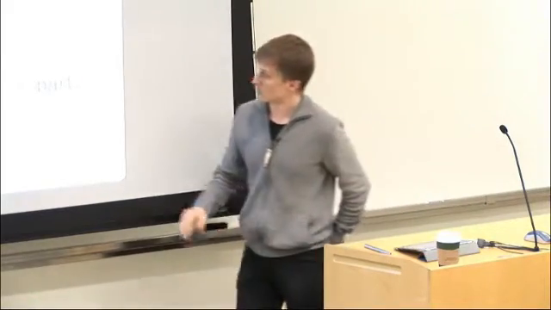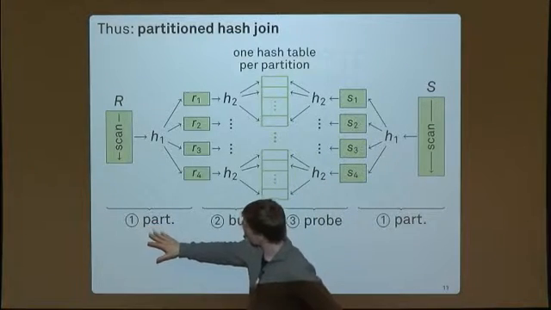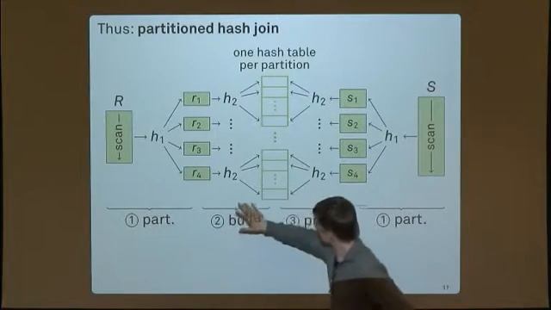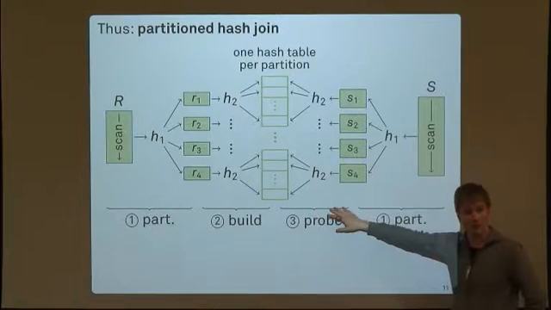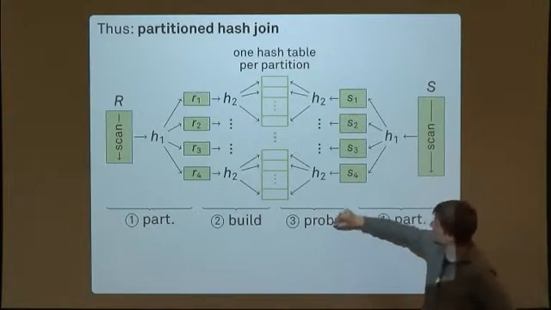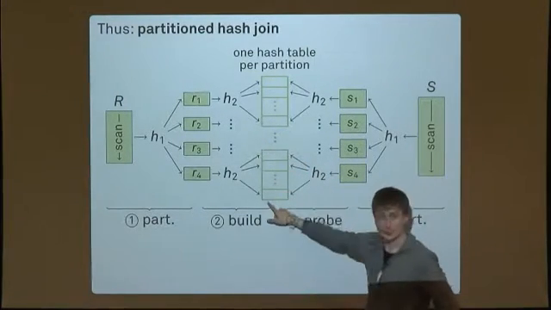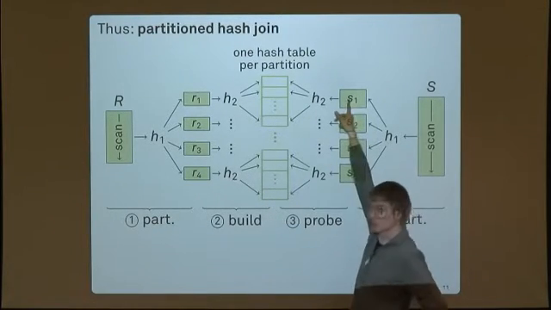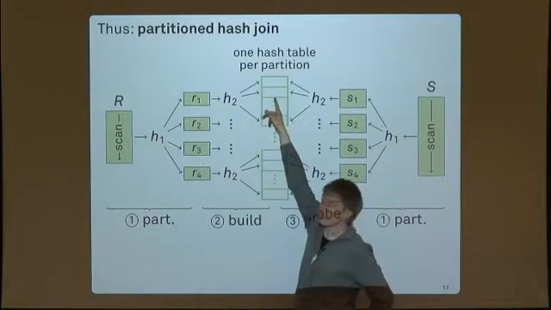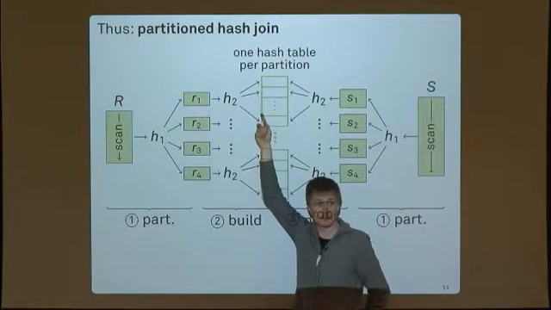Again, you have to be careful when you implement that. So what the Wisconsin guys did is they took this very literally. They partitioned, built all the hash tables, and then probed into all the hash tables. What this means is that you build up this hash table, you build up all those other hash tables, and eventually you're done with all your hash tables, and then you go back up here, and by the time you want to access that hash table, it's of course long gone from your cache, right?